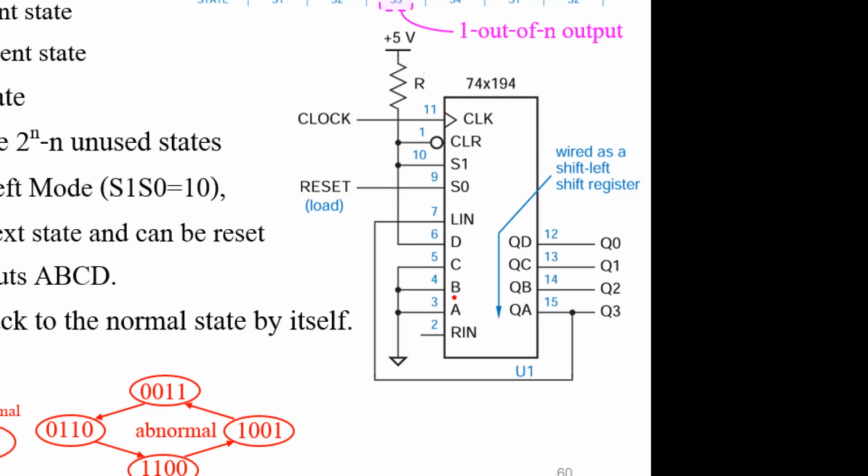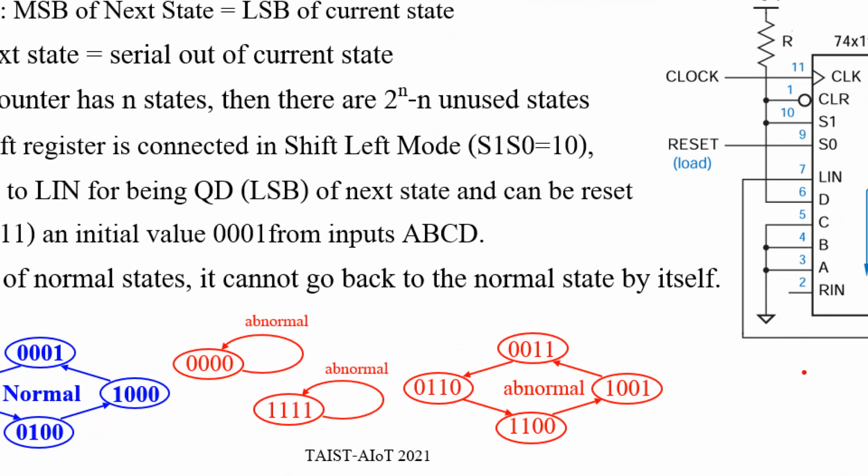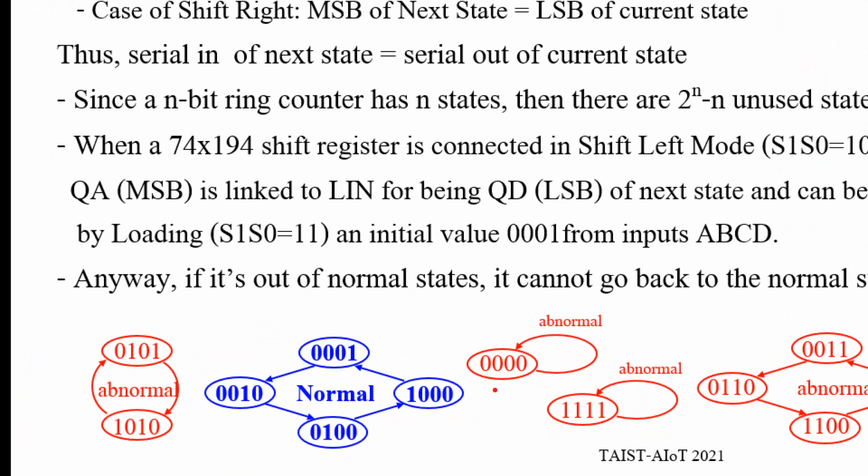If you don't want to reset every time the circuit goes to an abnormal or unused state, what should you do? You can do something like this: design the next state for the unused state to go to some normal state.